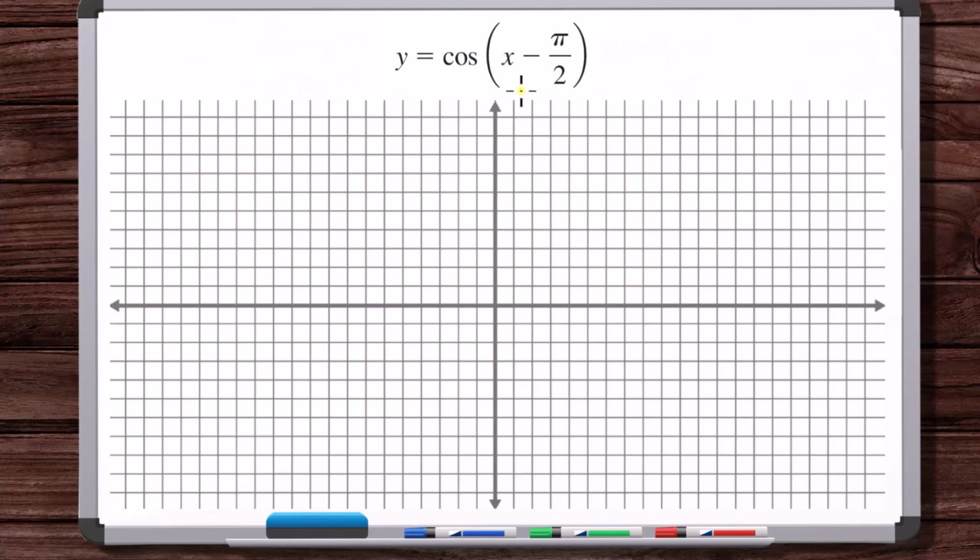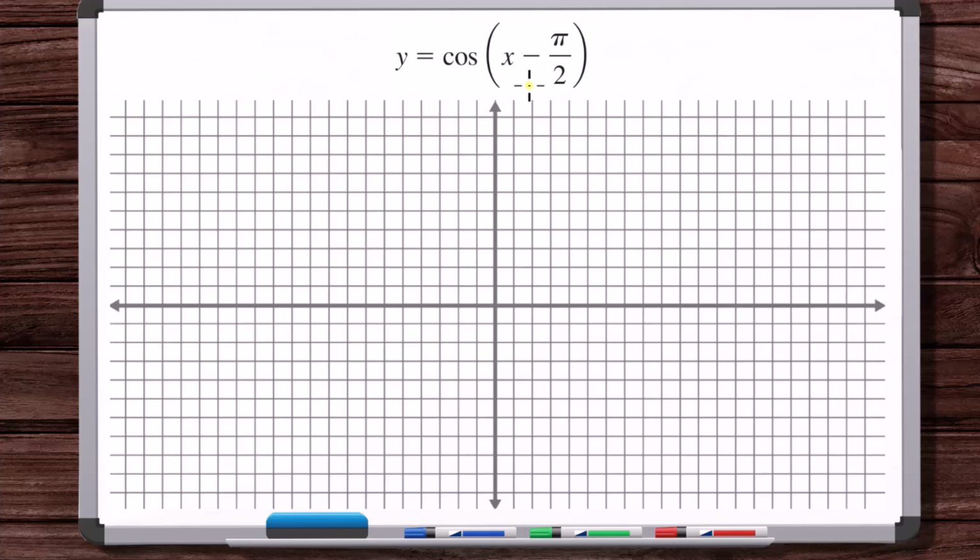The way we're going to graph this: in the previous section, since there was no horizontal shift, we figured out the period, started at x equals 0, sketched up to the period, and then copied that period sketch up and down the x-axis. When we have a horizontal shift, we're going to imagine that the 0 to the period interval gets shifted as well, and then sketch the period on that shifted interval.